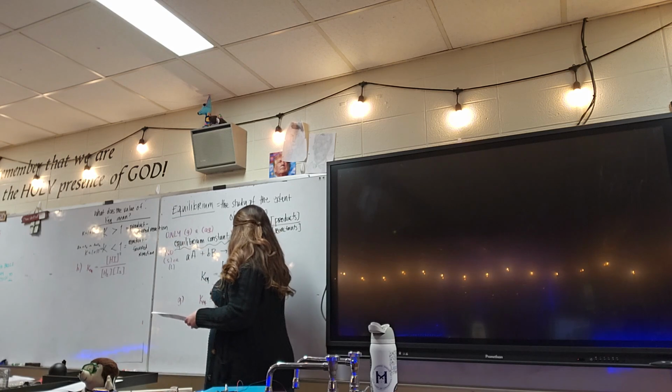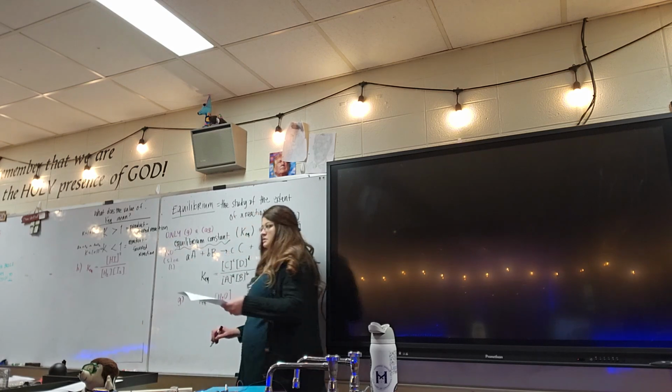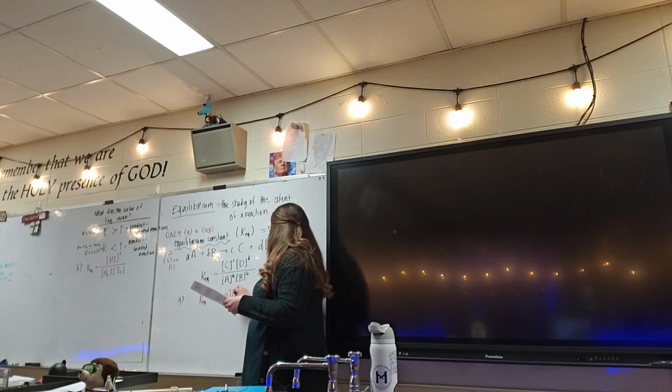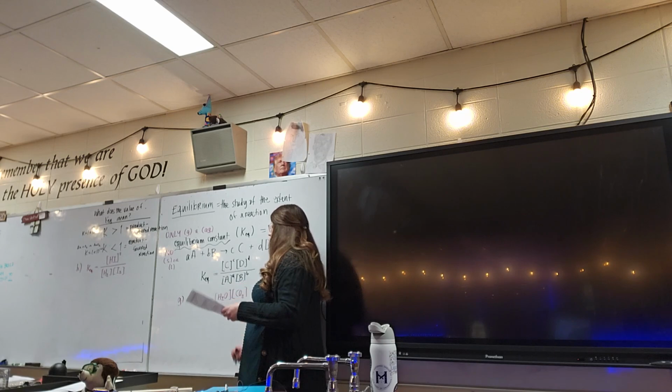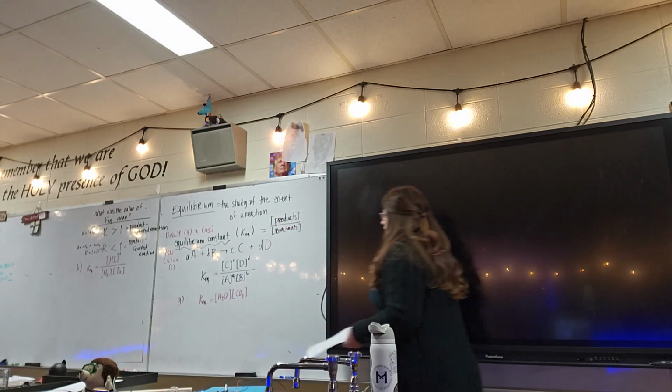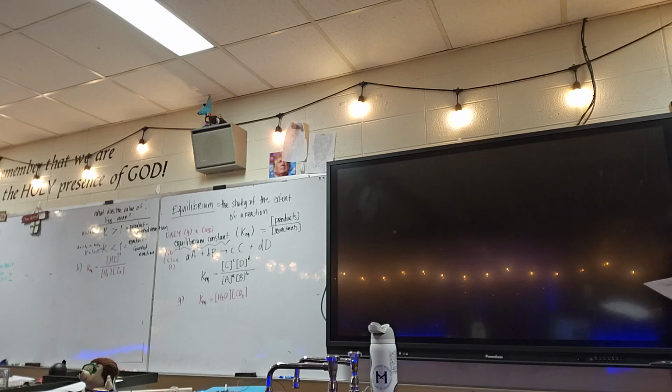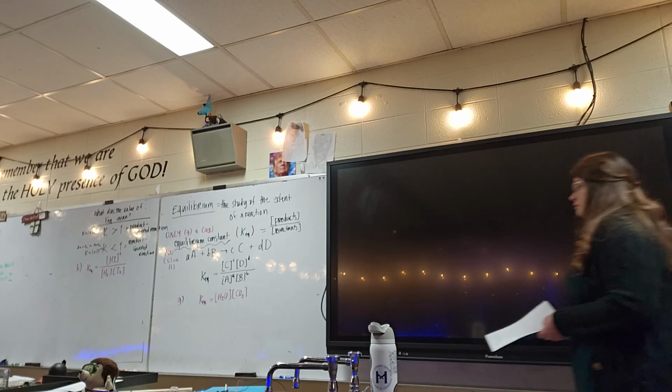So it'll just be H2O to the 1, but we don't write that, times CO2 also to the 1, which we do not write. Is that all you write? That is all you write. Because there's no even denominator because I crossed off all of my reactants. So they disappear.